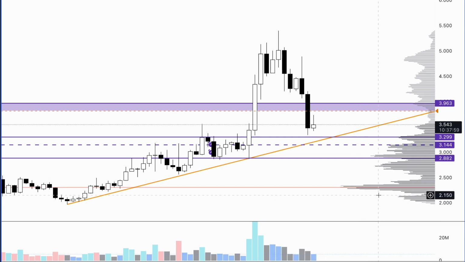I'm not going to mark that, but I would look for this area down here. For me, getting into this 3.1, 3.2 is a nice TP move. Once I get to this level, I'd move my stops and then try to see if I can catch a move down to 3 or even 2.9. So I really like his idea.